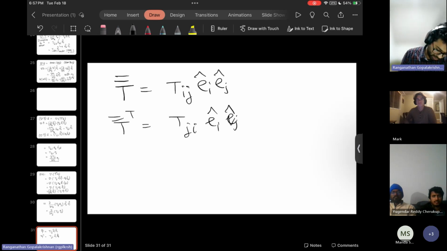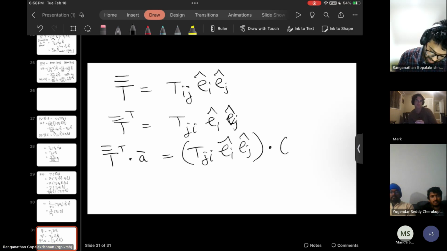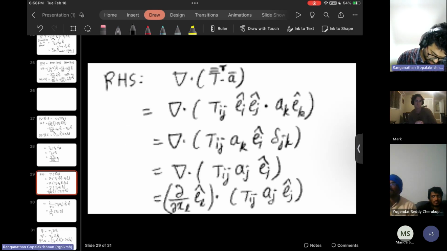Okay. So if we want the transpose of T dotted with A, that would be T_ji e_i e_j dot, I'll do A_k e_k. Okay. So I'm going to delete these two slides because they were wrong.